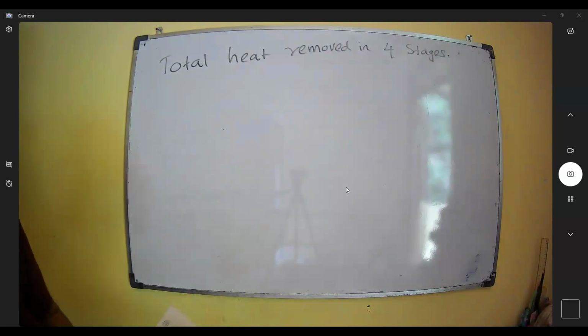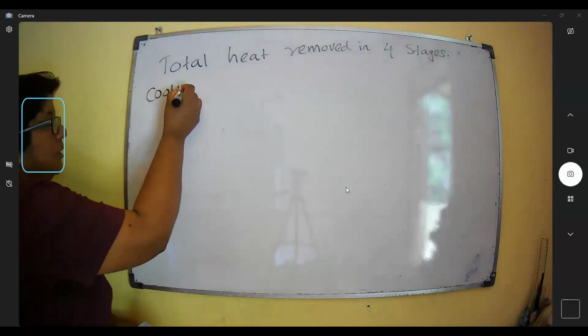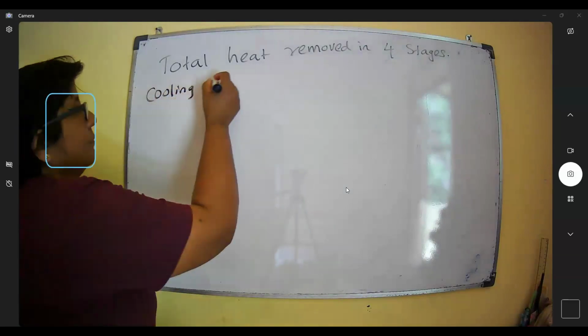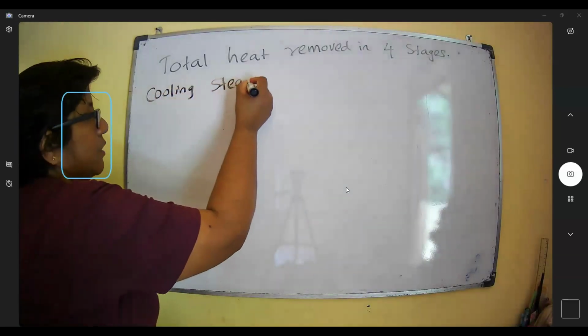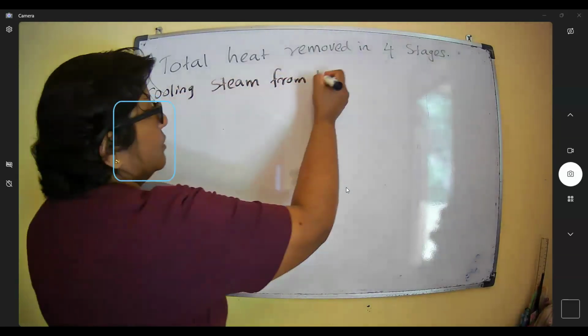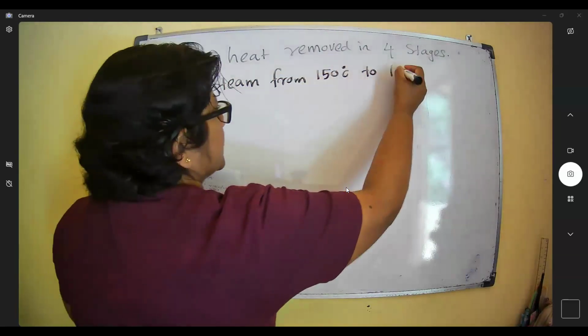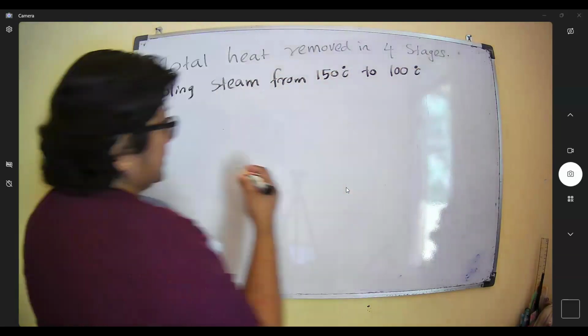One is cooling steam from 150 Celsius to 100 Celsius. This is the first step, right?